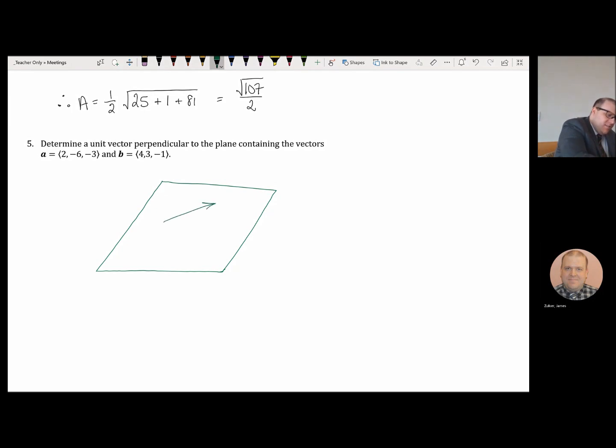Let's say there's A, say there's B. So both A and B are in our plane. We want to find a vector that's perpendicular to the plane. If it's perpendicular to the plane, it would have to be perpendicular to A, and it would also have to be perpendicular to B. Specifically, it would have to be perpendicular to every single vector in the plane.